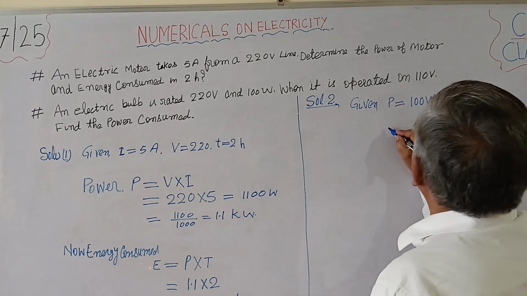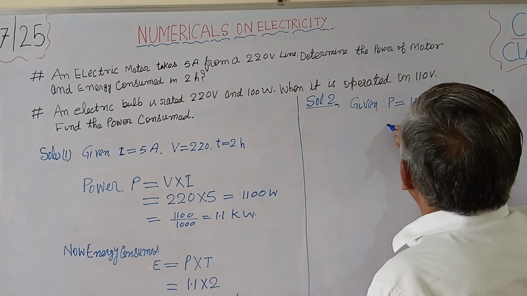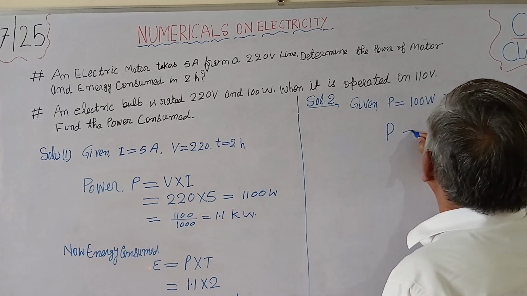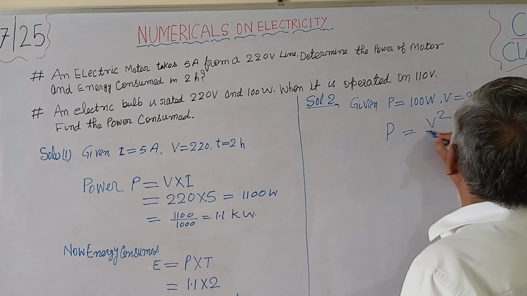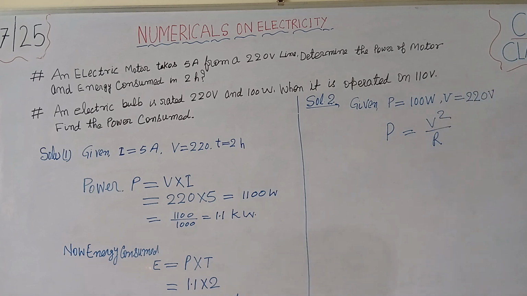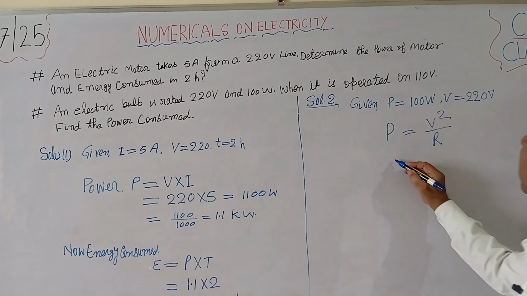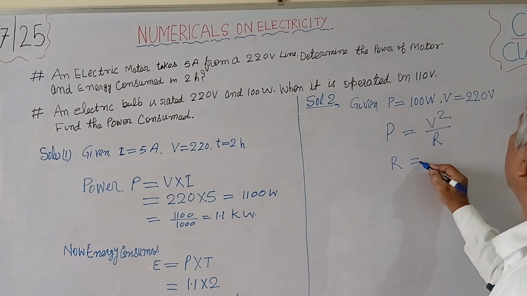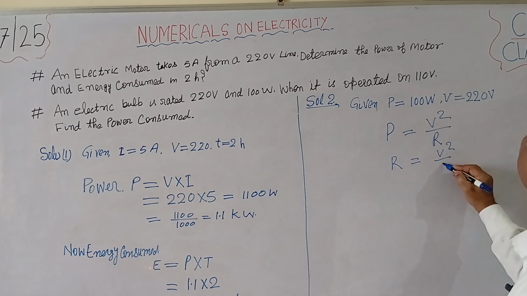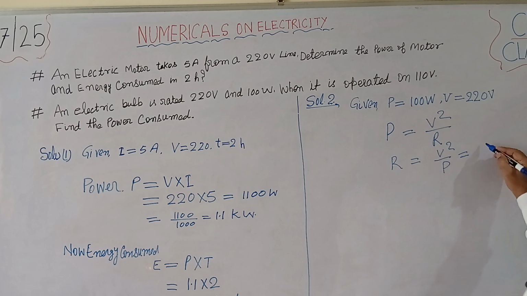So we know that P equals V square by R. So the formula for power in terms of V and R is V square upon R. Now R is V square by P. This equals 220 into 220 upon 100, because the power is 100 watt.